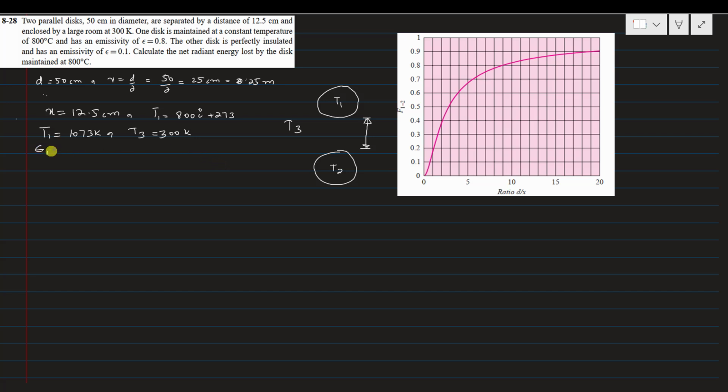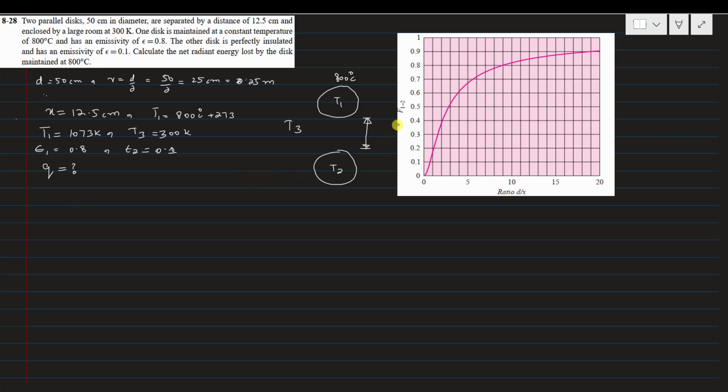The emissivity of the disc at 800 centigrade is 0.8, and the emissivity of the second disc is 0.1. So we need to find the radiant heat energy lost by the disc that is at 800 centigrade or 1073 Kelvin. That is our concern.